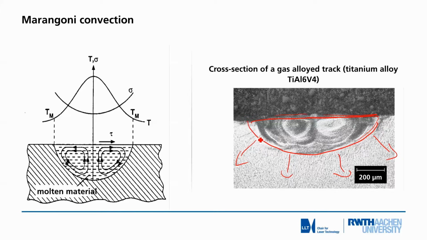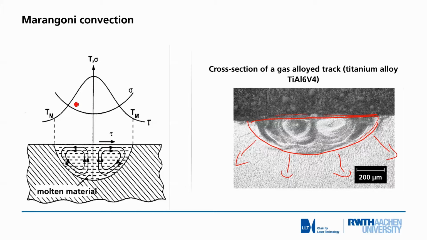So this is the melt pool, which you can see here. And now if we take a look into the melt pool, we see two circular solidified melt motions. And the left picture explains their origin. As I told you before, the temperature is highest in the center of the melt.